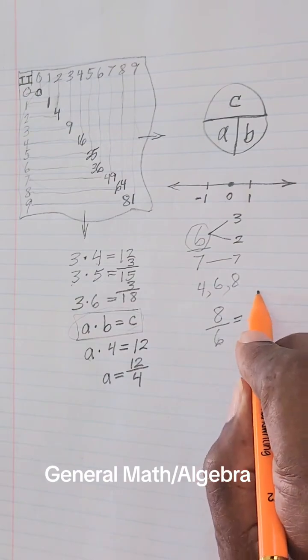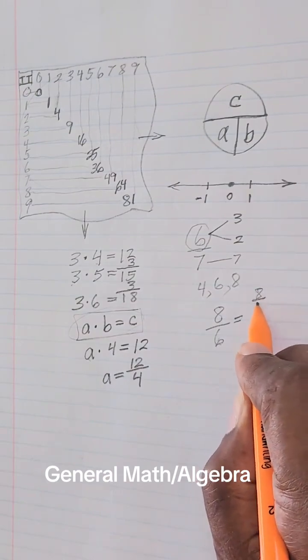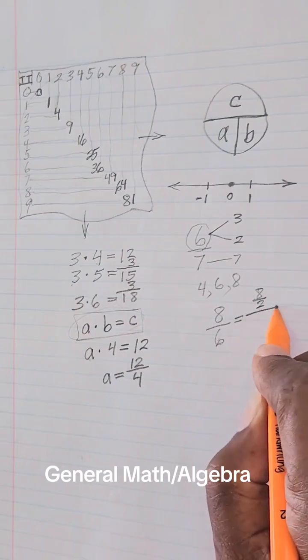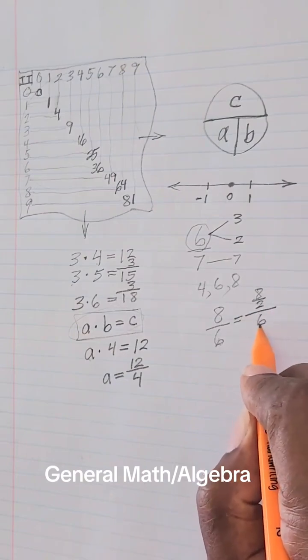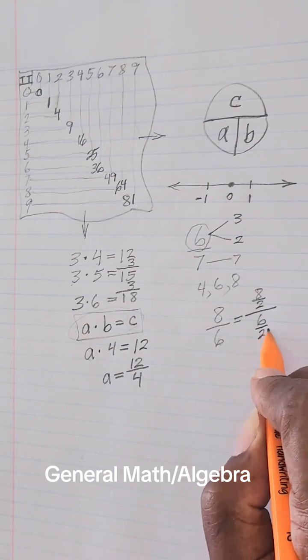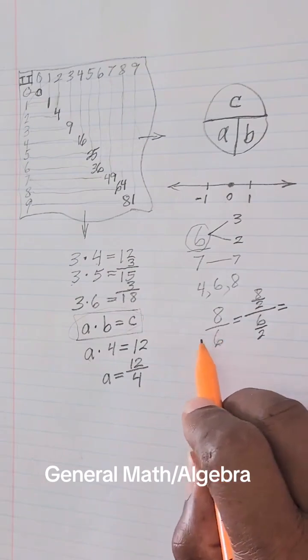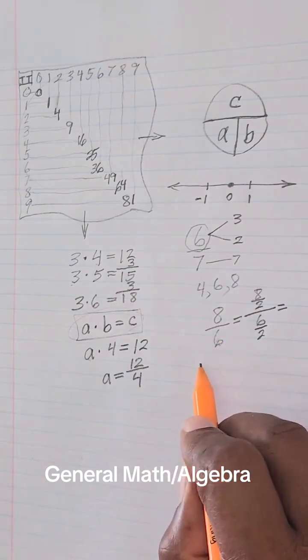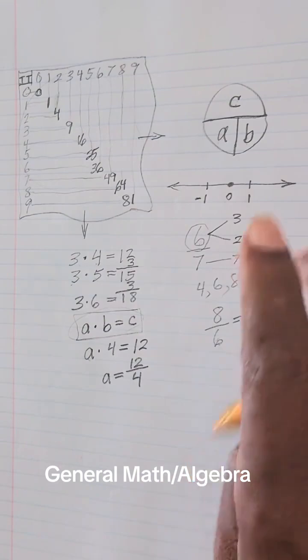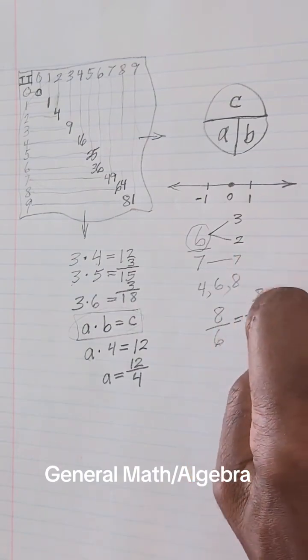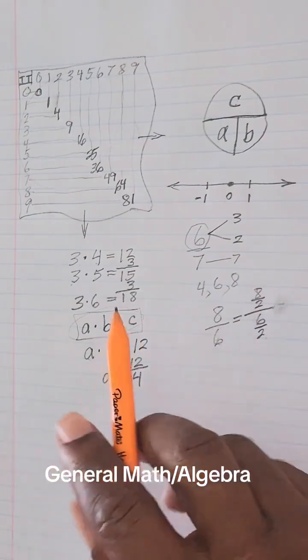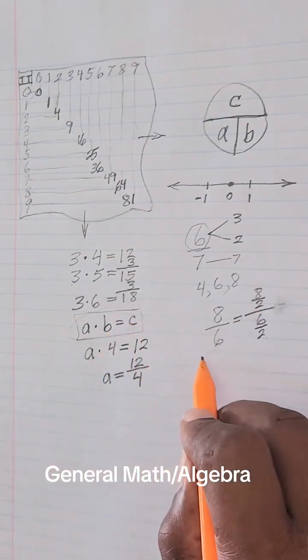So 8 divided by 2 and 6 divided by 2, and then this can be reduced to, because I'm going off camera, so let me come back over this way.